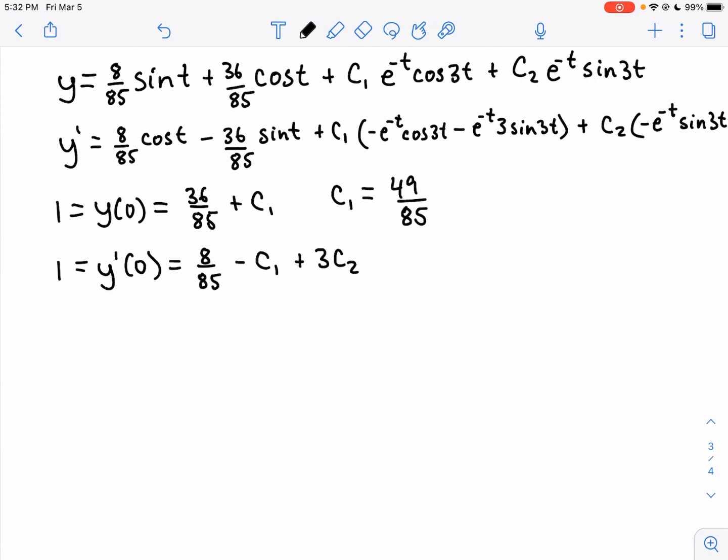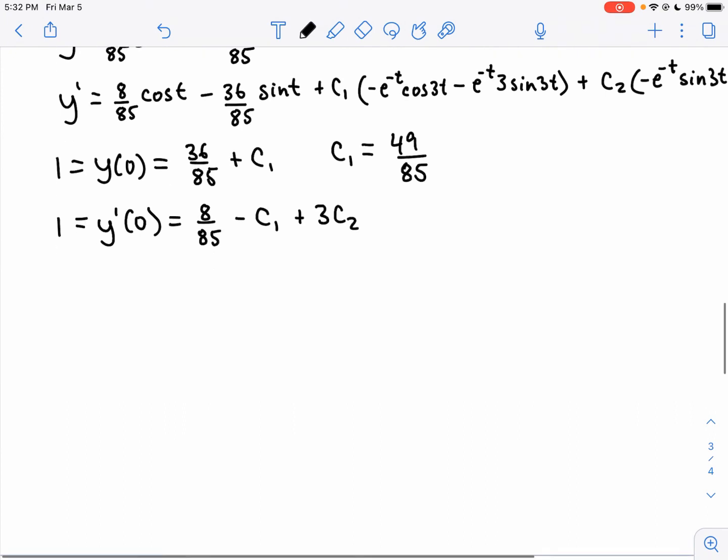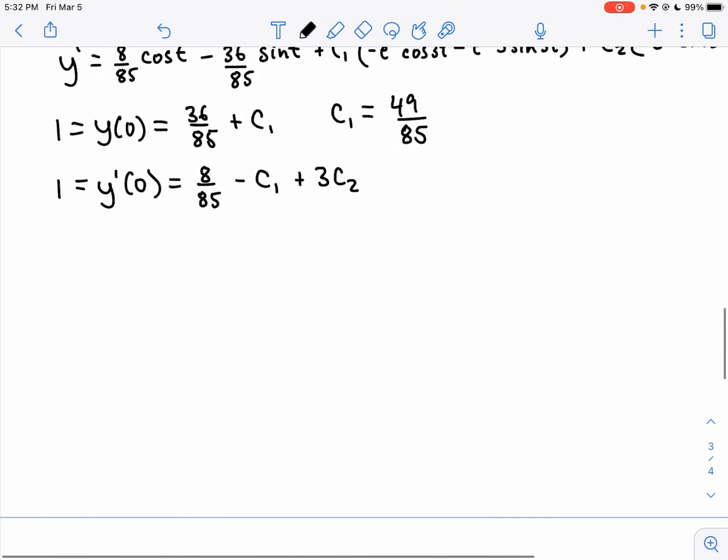And this is what we get when we plug 0 into the derivative and set it equal to 1. Well, c1 is 49/85, so this winds up producing an equation. So we get 1 is equal to 8/85, and let me just plug this in and do the calculation. We have 49/85 going in right here. So 8 minus 49 is going to be negative 41/85. That was for me just combining these two.